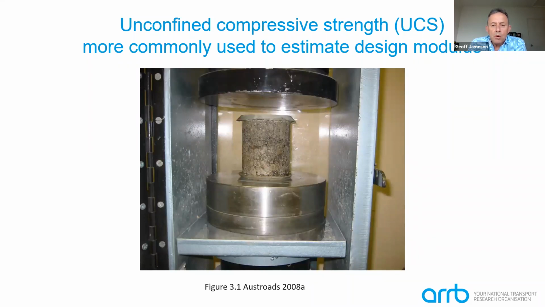A more common means of coming up with the design modulus for cemented materials is to use the unconfined compressive strength, or UCS test. That test is more widely available to road agencies than the flexural modulus test, and UCS is commonly specified by road agencies. So it's a commonly used test.